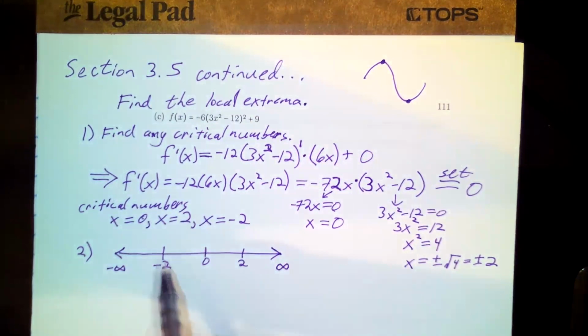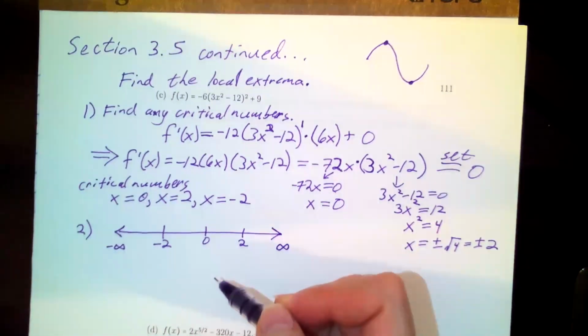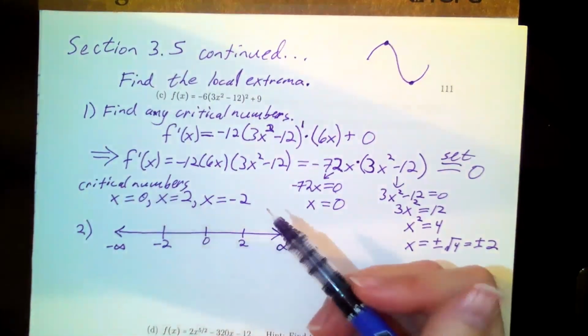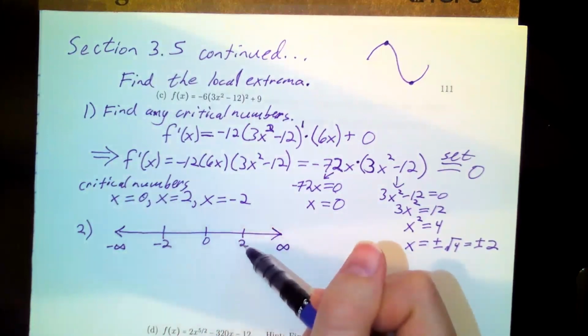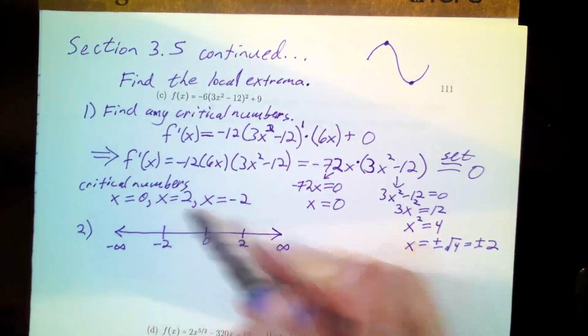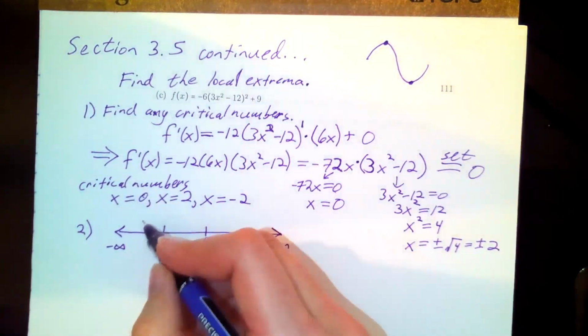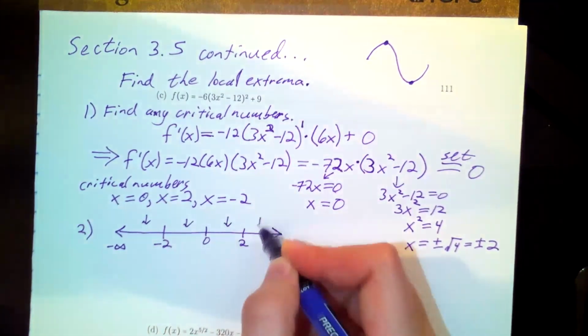So I have to test all around these values by taking test points and plugging them into the derivative. By doing that, I'm going to figure out if each of these numbers corresponds to a maximum, a minimum, or maybe neither one of those, but we'd know. So what you do is you take a test point in each little region in between those.